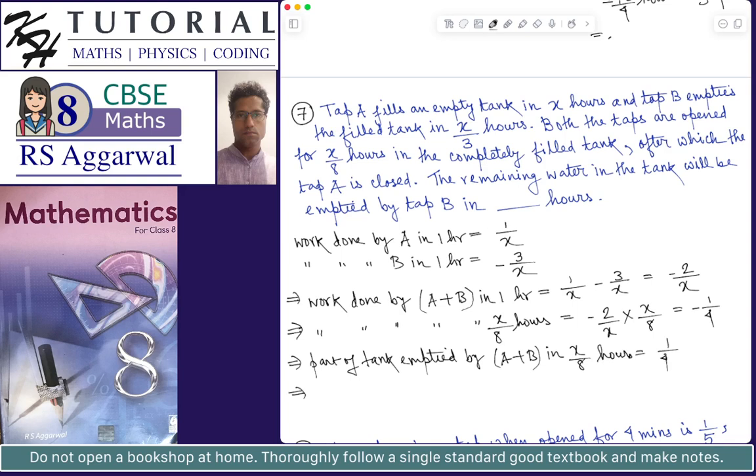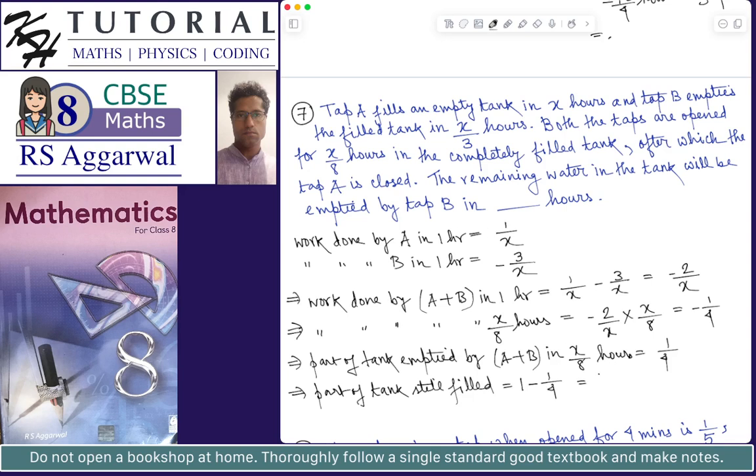So this implies that the part of the tank still filled, that is the part of the tank which is still filled with water, will be equal to 1 minus 1 by 4, since the whole part is 1.